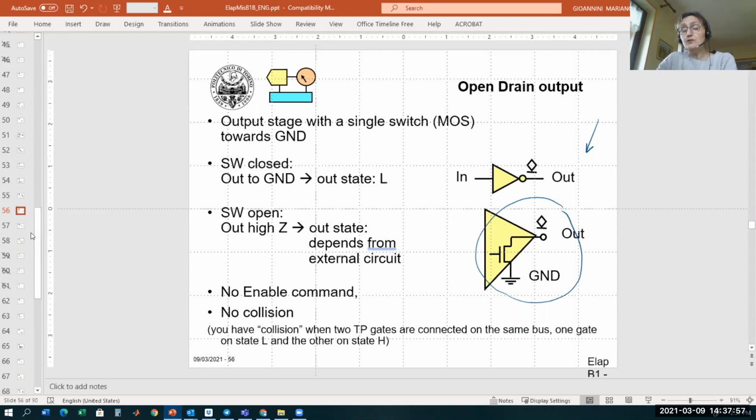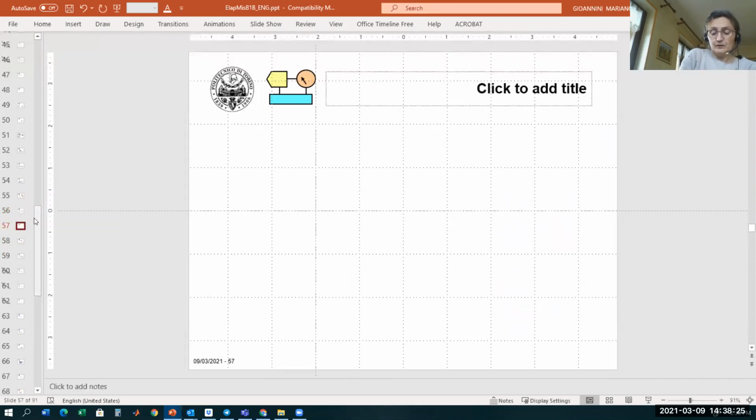The problem occurs when, on the contrary, we also have to guarantee the high voltage state, because it's clear that in this condition, since you have nothing here on the top, it is impossible to guarantee a high voltage at this node when the NMOS is an open switch. So, as I told you last time, what we have here is the open drain output.